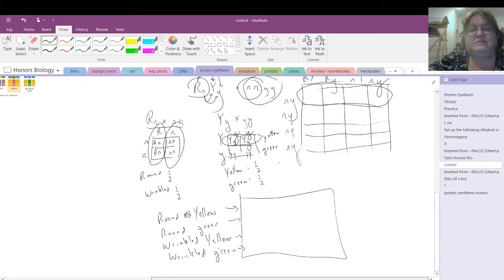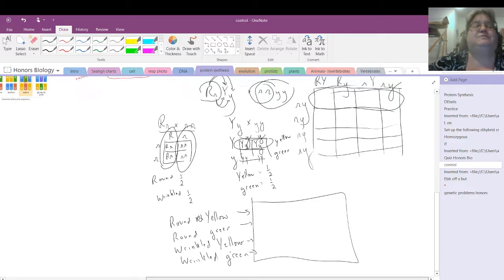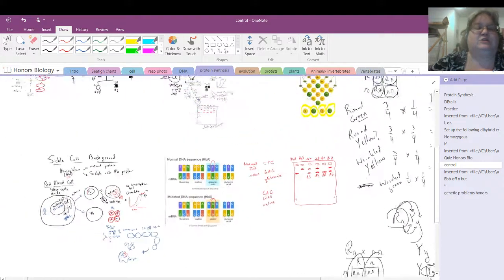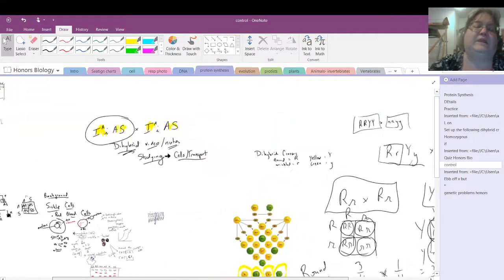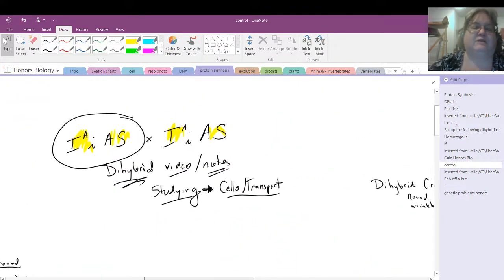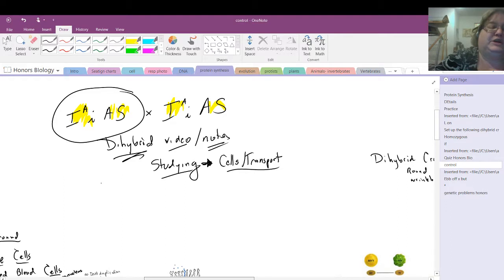If you want, there's one last challenge, and it goes back to what we left off in class today. Here's our blood type and our sickle cell. So let me leave you with one challenge.